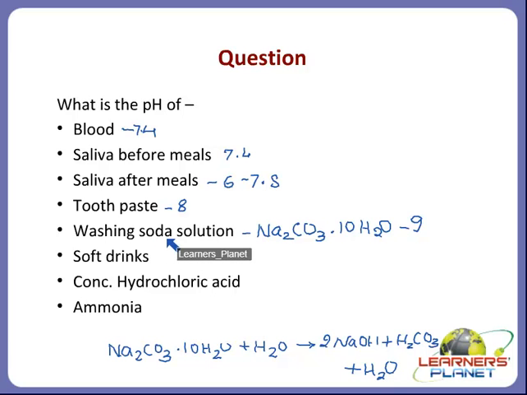You know what the constituents or components of a soft drink are, or what chemicals are used to make a soft drink? It is nothing but some essence, like lemon, or some flavor, plus the carbonic acid which is dissolved in water, right?